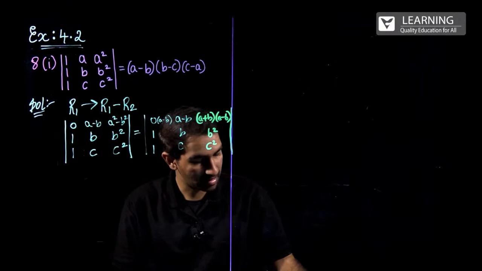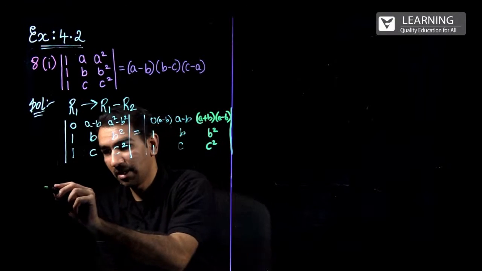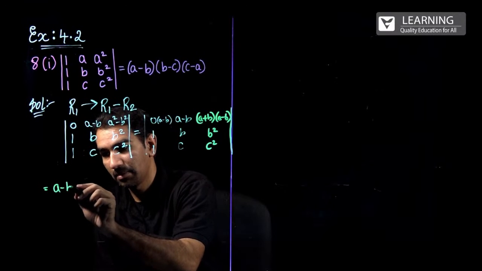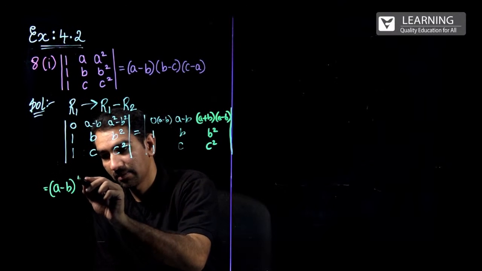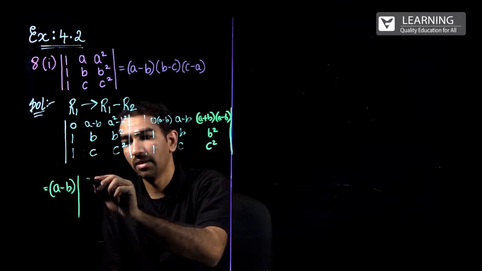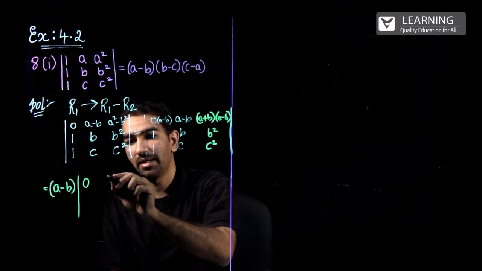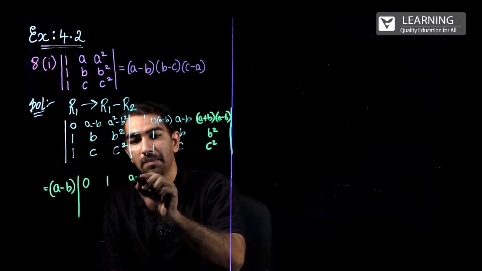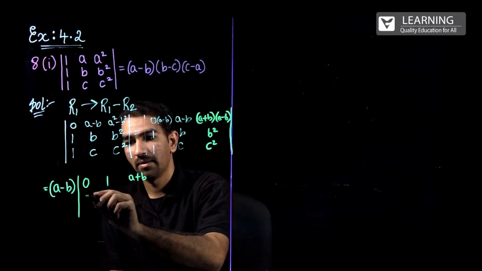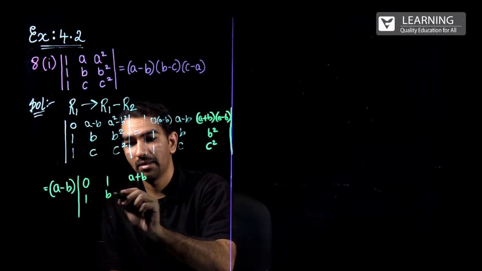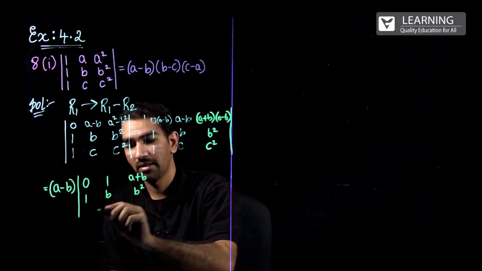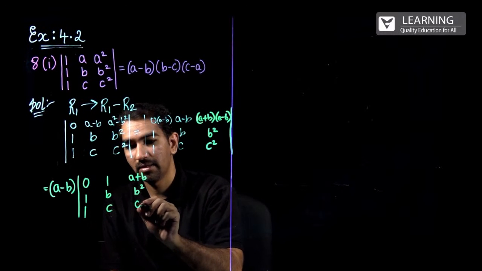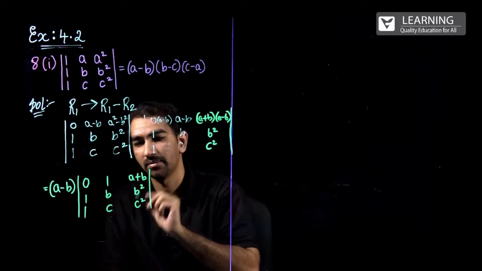What will you be getting here is, which is equal to a minus b, we have taken it outside. What is remaining inside now? 0, here we'll be getting 1, here we'll be getting a plus b, 1, b, b square, 1, c, c square, correct?